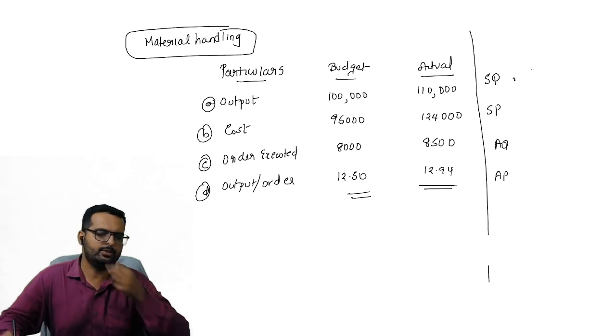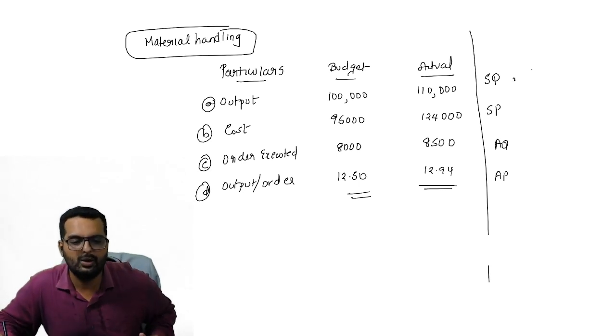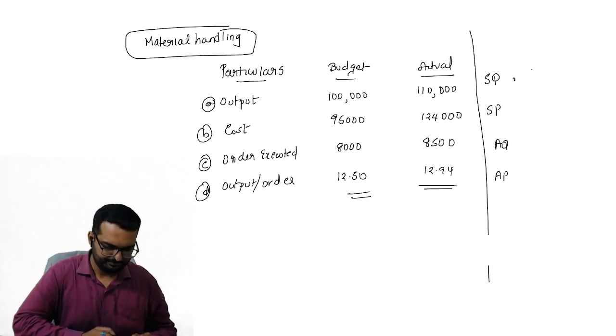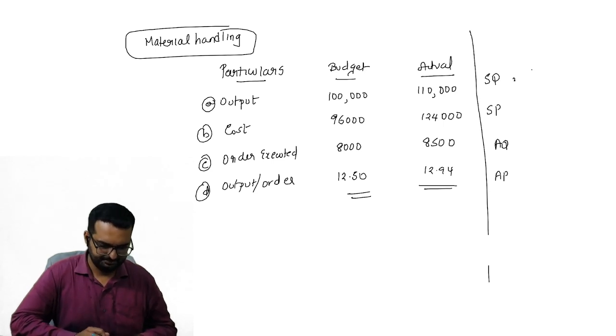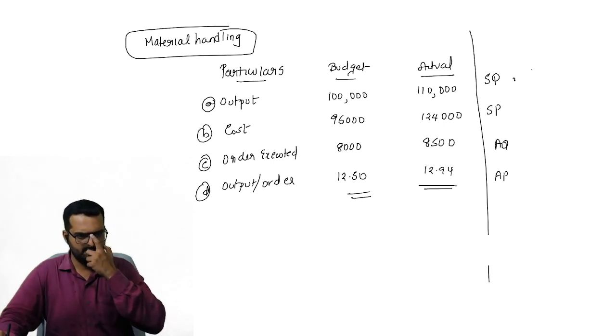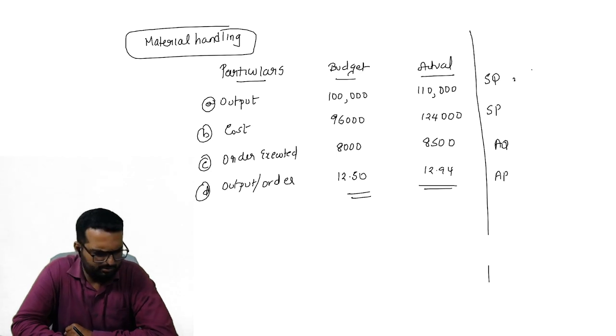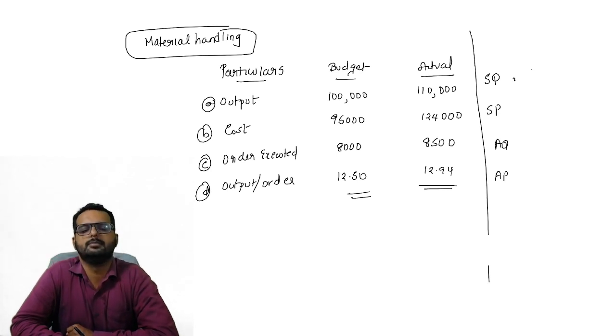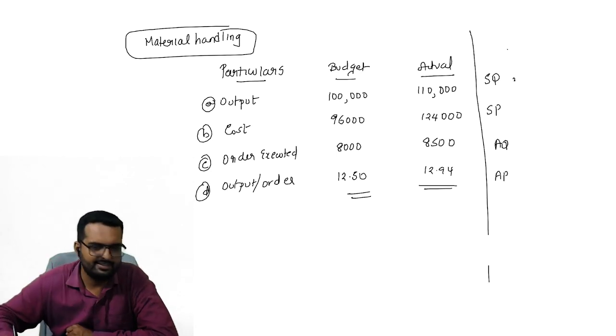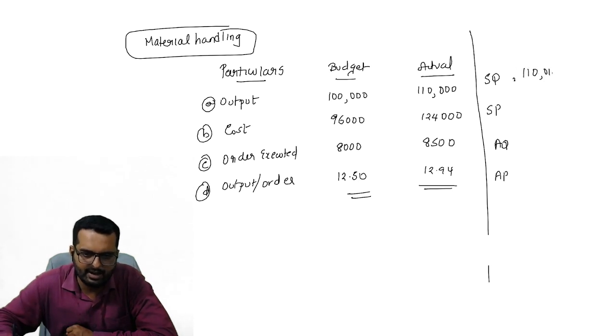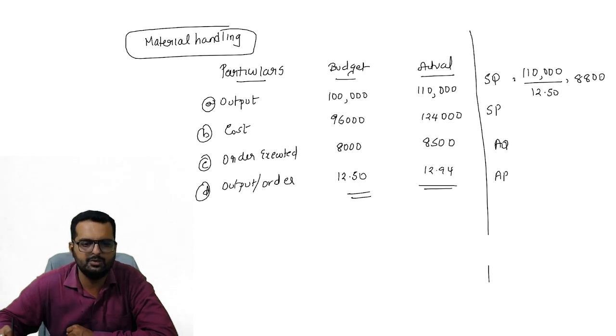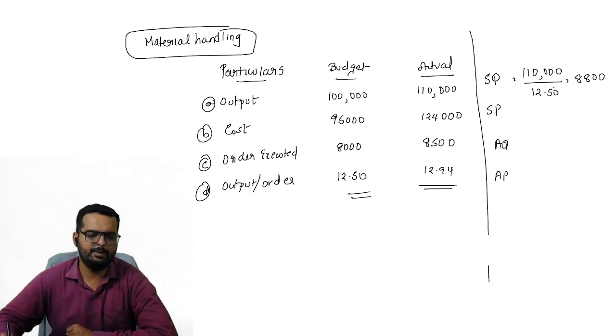Now tell me, friends, from this data, what will be SQ, SP, AQ, AP? Come on. SQ is based on actual output. Excellent, Sudiksha. You got the answer right. It will be 1,10,000 divided by 12.5, 8,800 orders. Everybody clear?